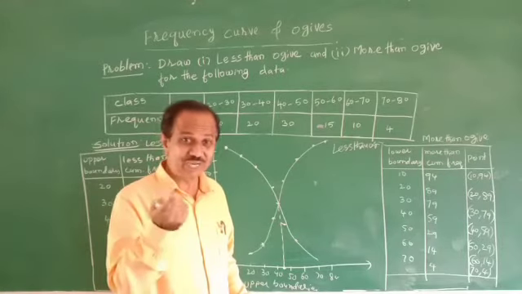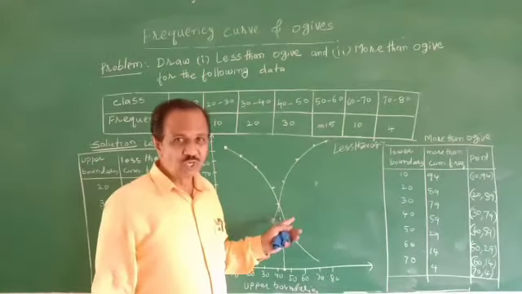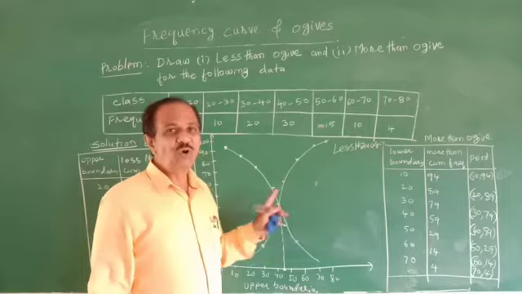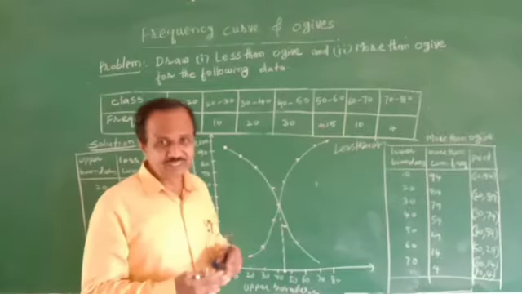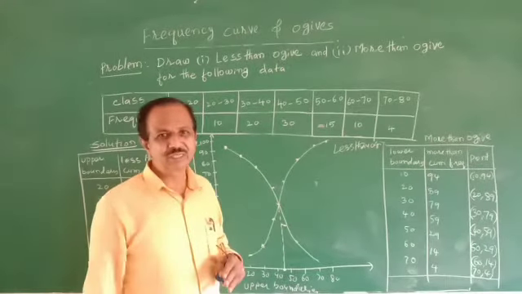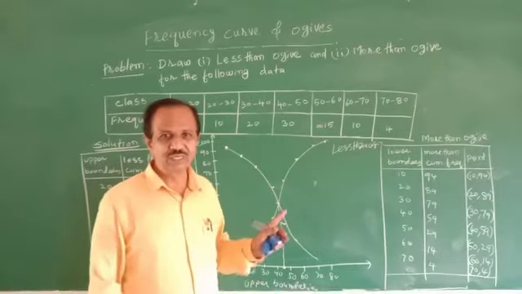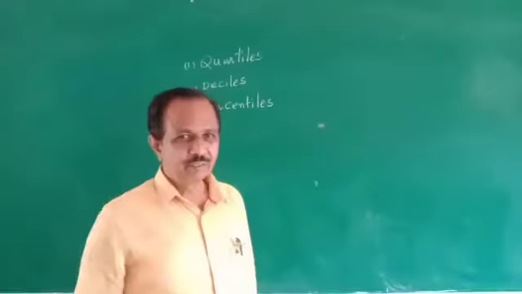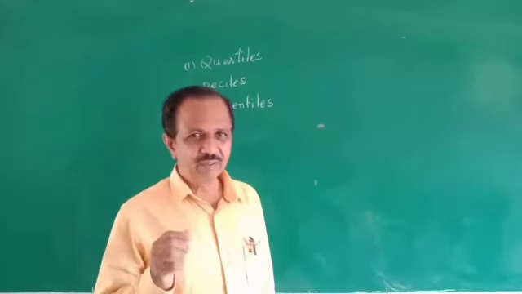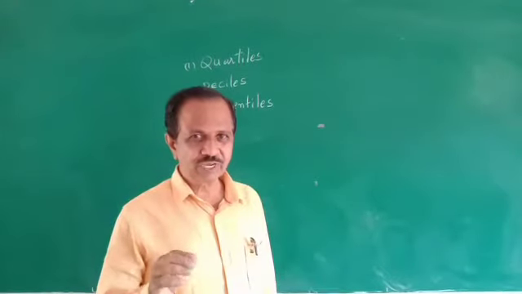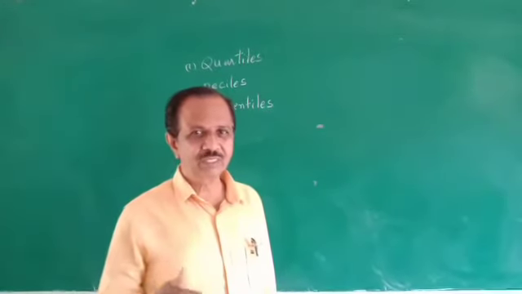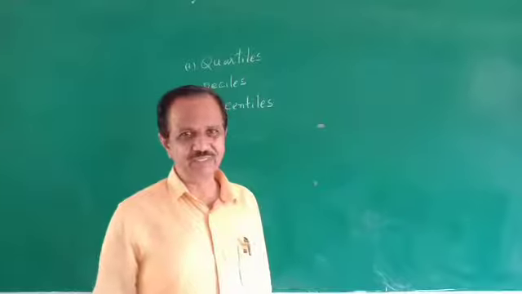Statistical constants can be obtained from the OQs. Therefore, more than OQ, less than OQ, we can draw both on the same graph, or you can draw separate graphs also. With the help of OQs, we can also find quartiles, deciles and percentiles.